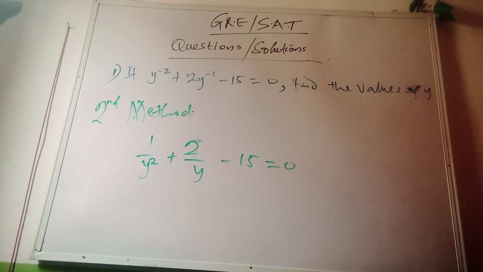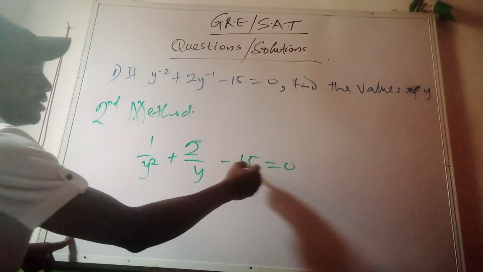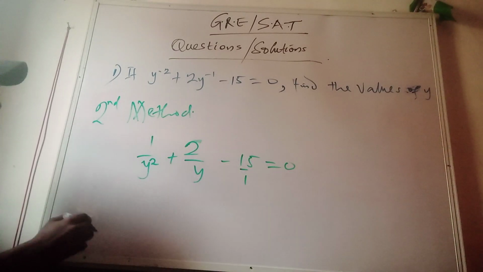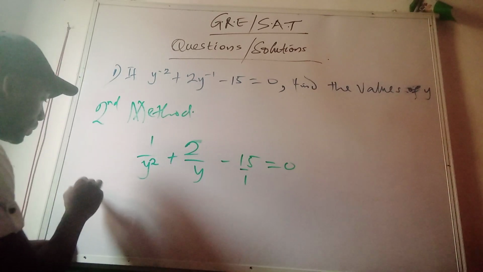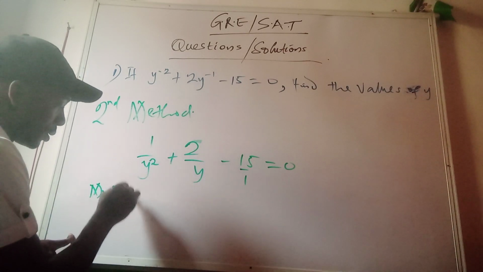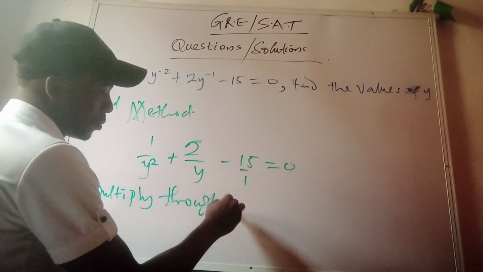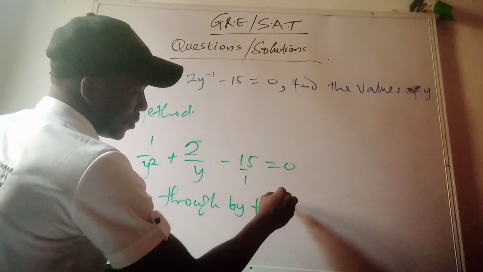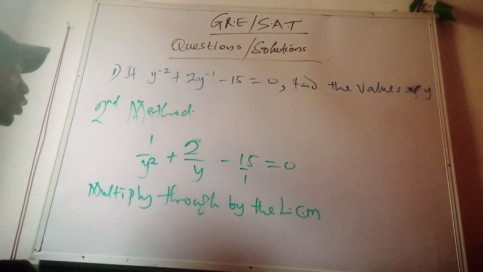In this respect, you can multiply through by the LCM, and the LCM here is y square. Sometimes I call it general LCM, which is y square.